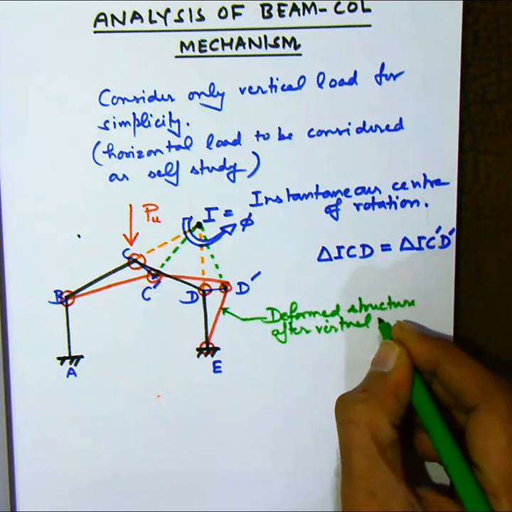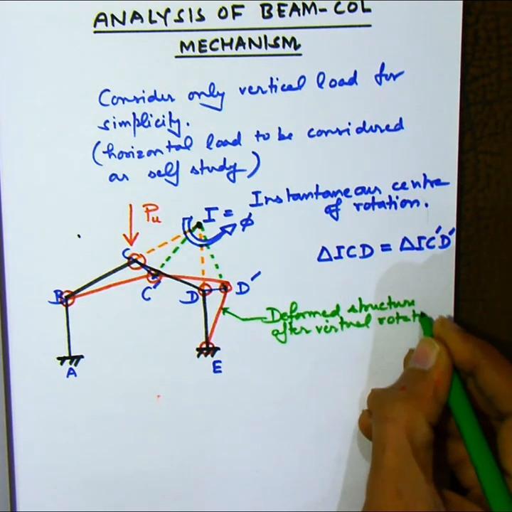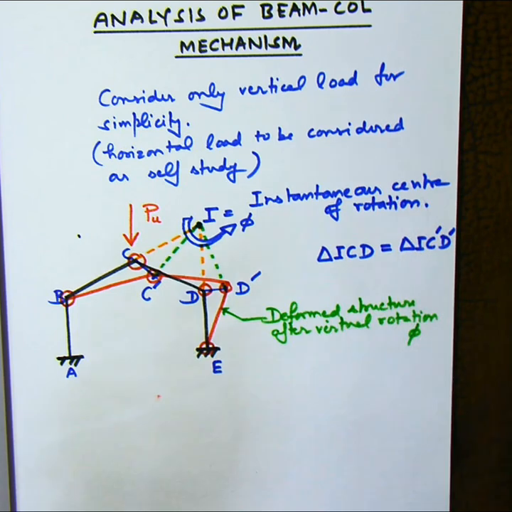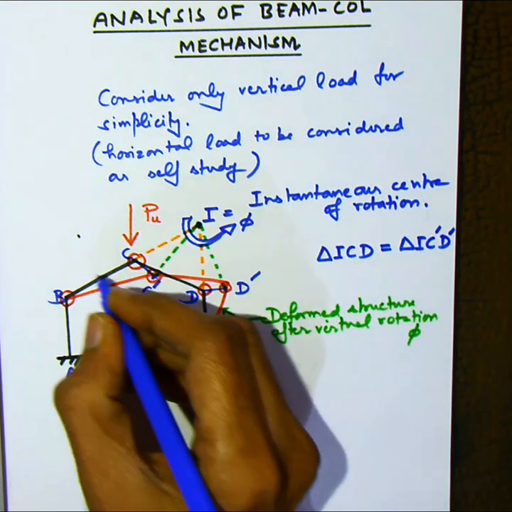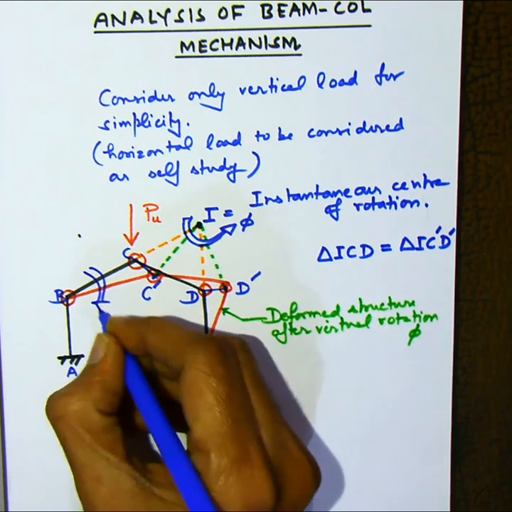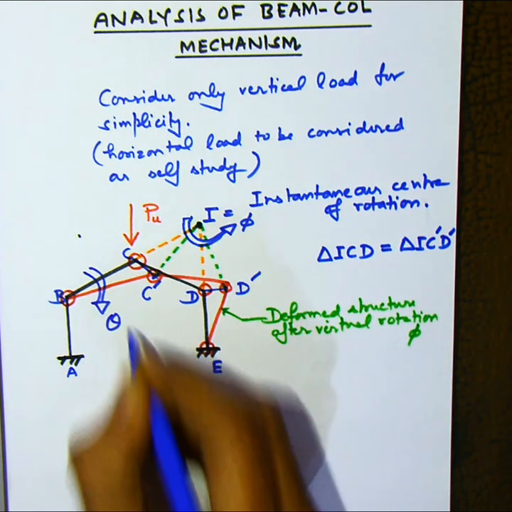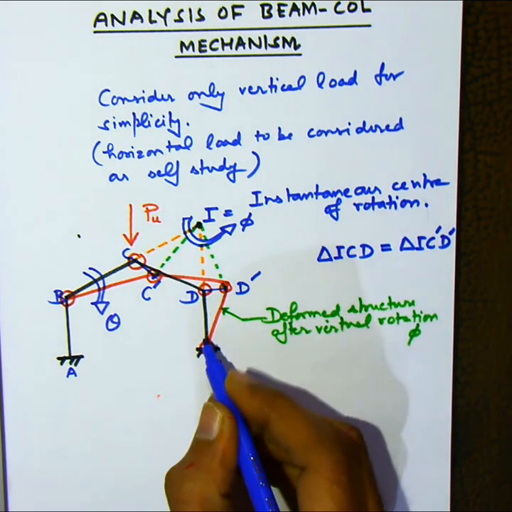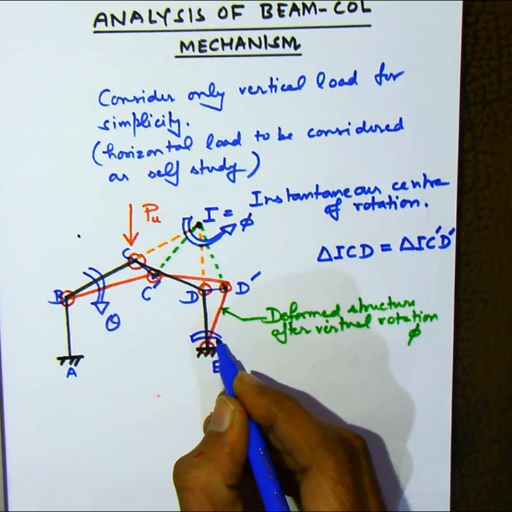This member undergoes rotation exactly the same as the applied rotation phi, because the triangle undergoes rotation like a rigid body about I. So this is phi, and let's say the rotation of member ED is alpha and the rotation of member BC is theta.